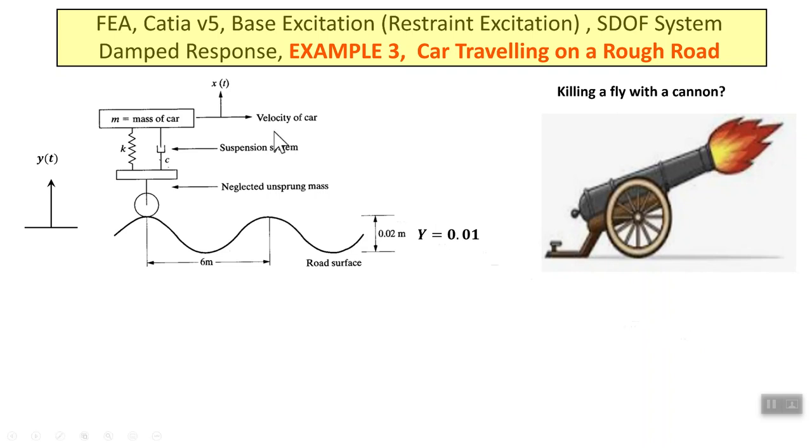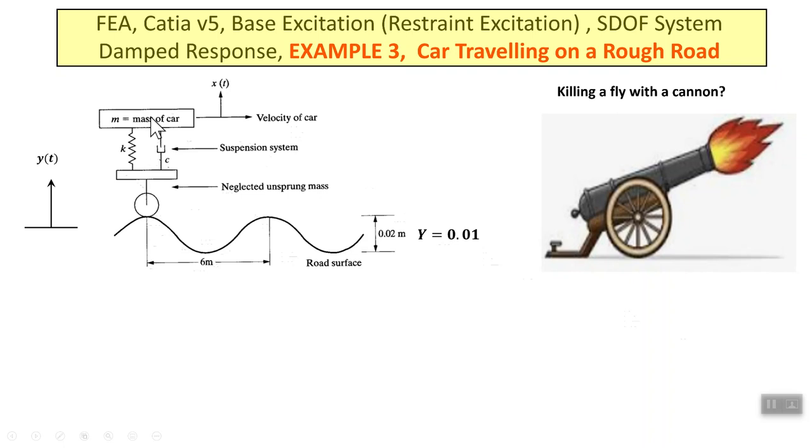Now, this car is traveling down that road at a velocity v, and because of the bumpiness of the road, this massless base is being pushed up, and therefore the mass starts to vibrate.